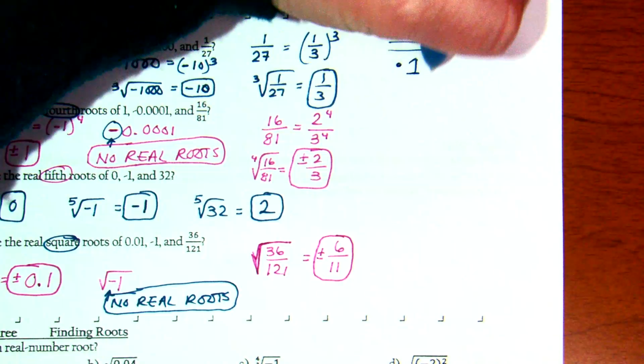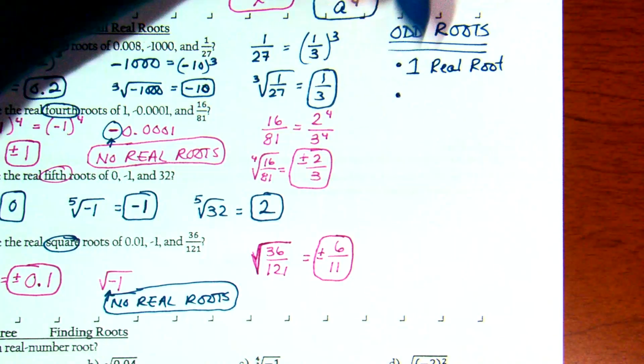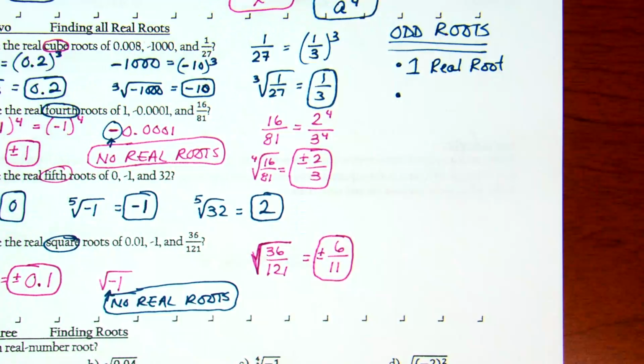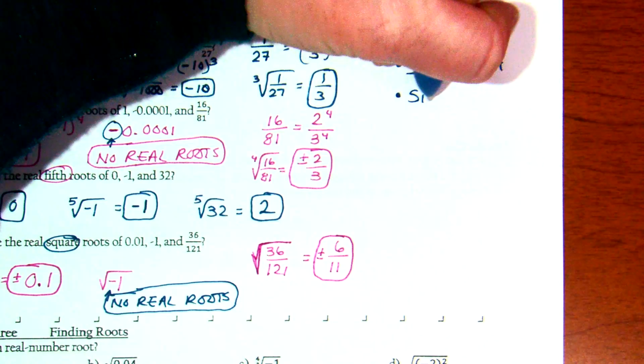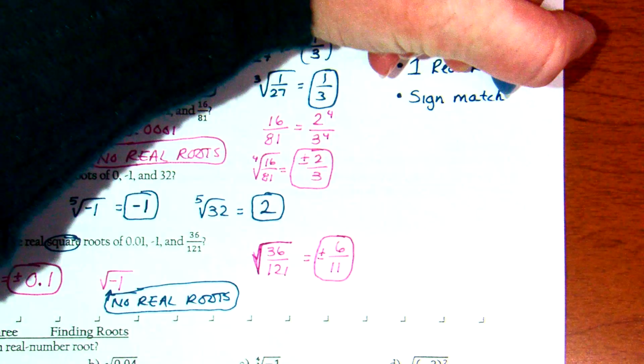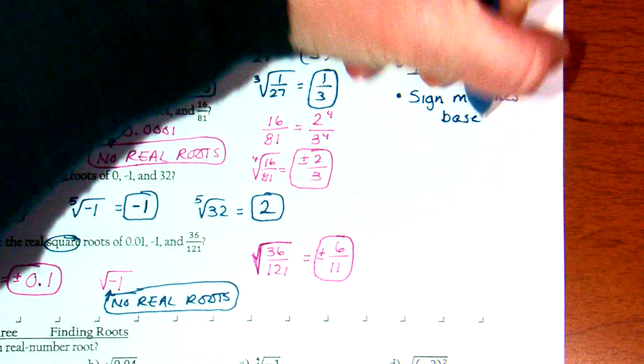And what about the sign of that answer? If my original problem was positive, my answer was positive. If my original problem was negative, my answer was negative. So the sign matches the base. And that is my summary rules about how odd roots work.